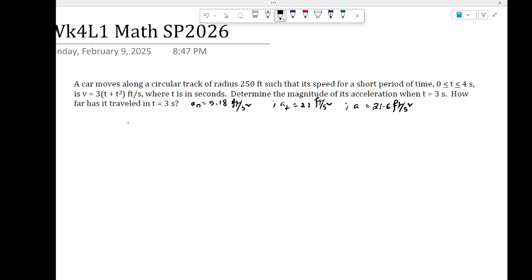They also ask you to find how far it travels. That means they're asking you to find delta s, and that delta s value is 40.5 feet.